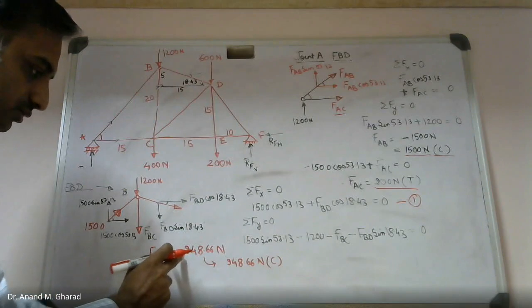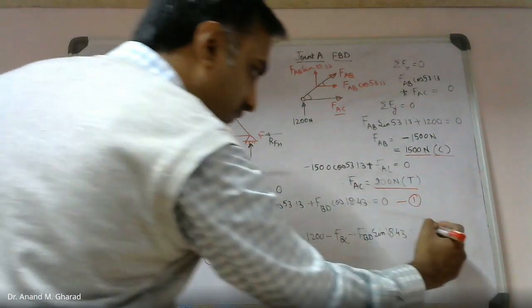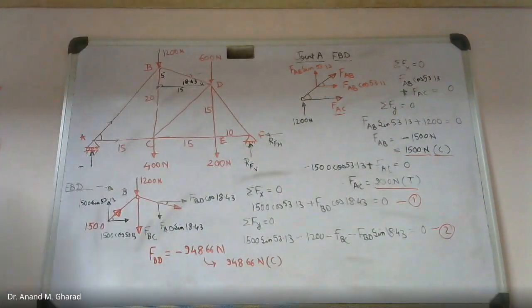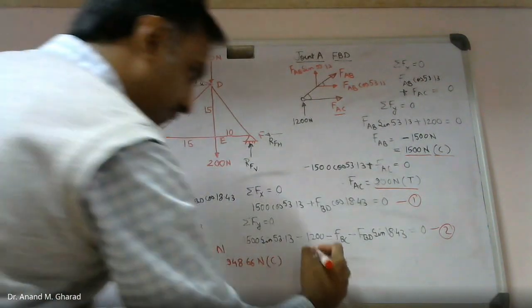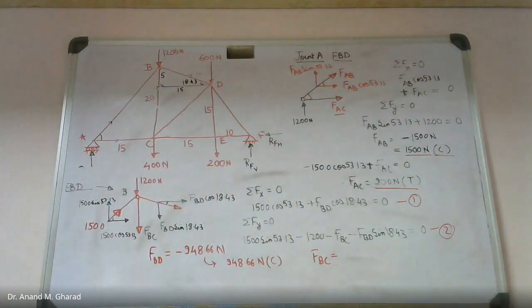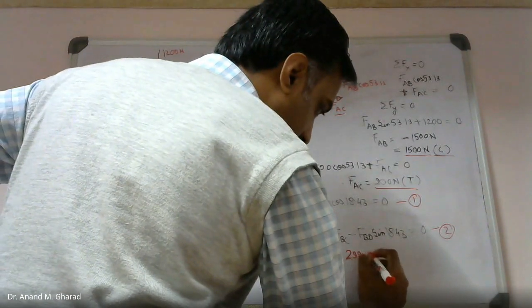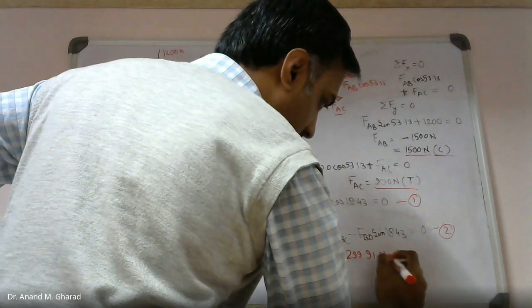So you are supposed to substitute minus 948.6 in equation number 2, and from here you will get the value of FBC. FBC, I am getting it to be positive value, and it is coming out to be 299.91 Newton.